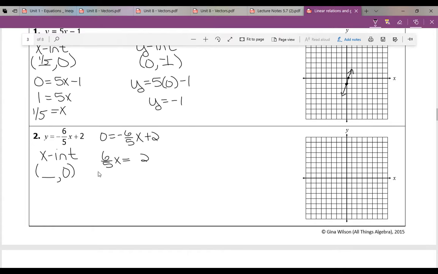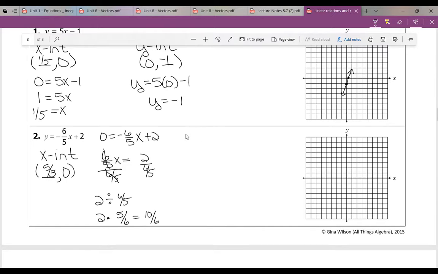And then I'm going to divide both sides by 6/5. So just a quick review. 2 divided by 6/5 becomes 2 times 5/6, which is 10/6, and that reduces to 5/3.